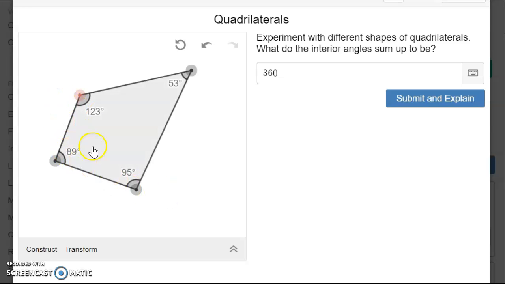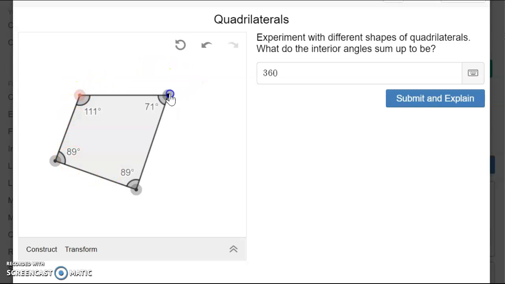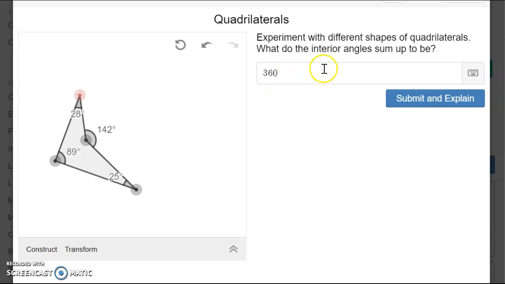So it does not matter what the shape looks like. Even for a quadrilateral that looks like this, if this angle is 142, the other interior angle is 360 minus 142. If I add them all up, it's always going to add to 360.